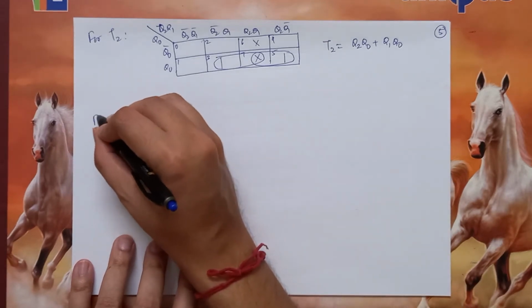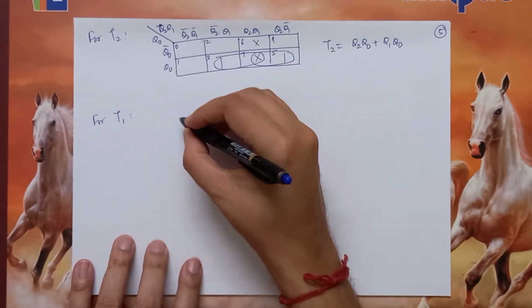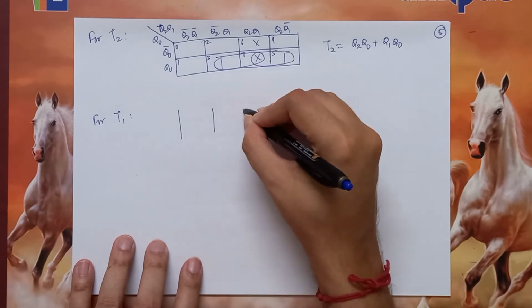Now for T1, the K-map would look like this.